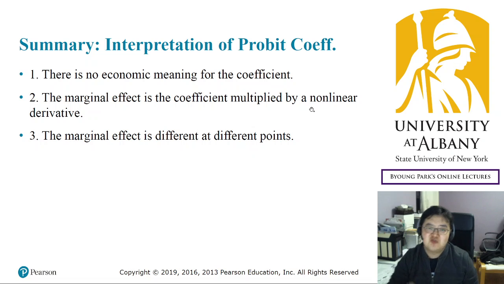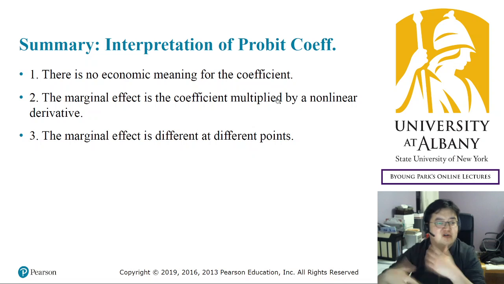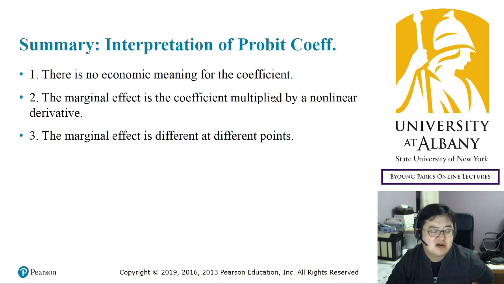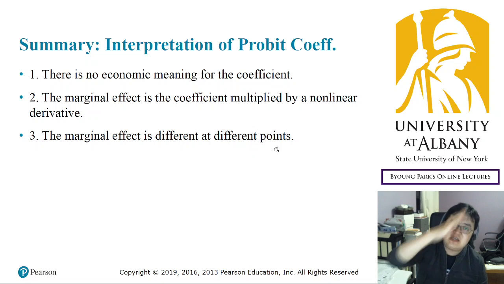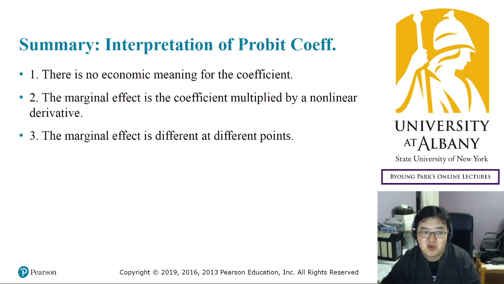You don't need to memorize the derivative. It will be calculated by Stata automatically, so don't worry, but you have to add some additional lines of programming. And third, the marginal effect is different at different points. It is flat and then steep and then flat, so the derivative will be different at different points.